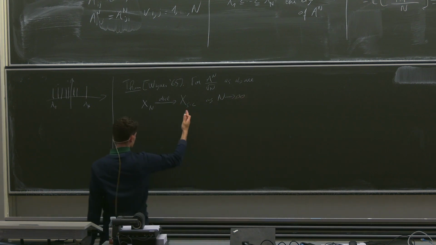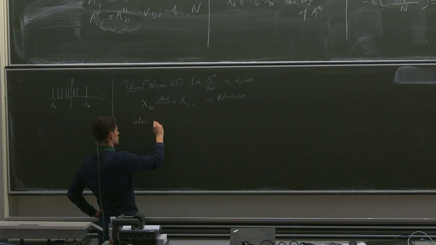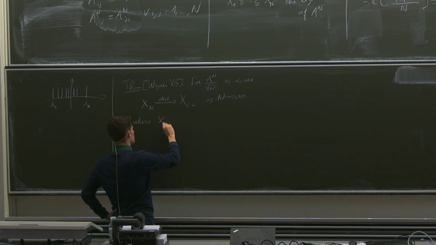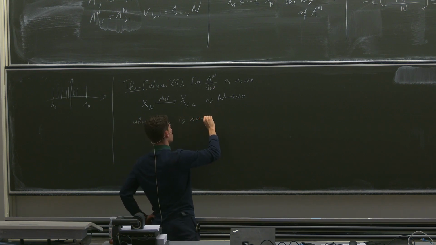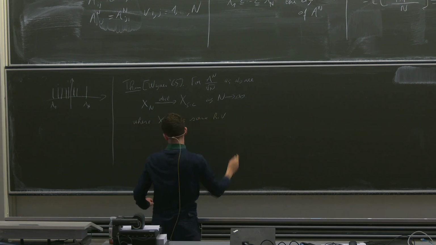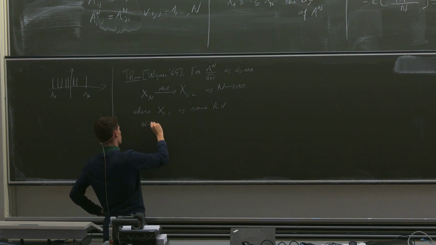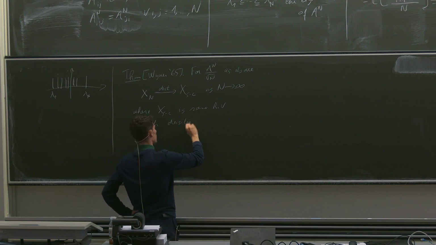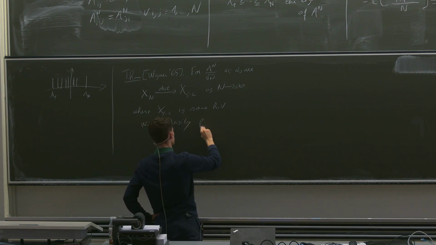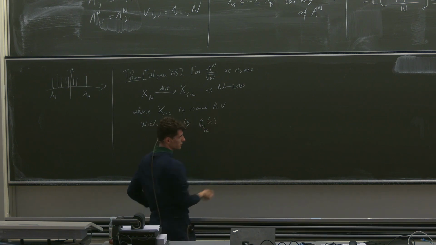And what is this semicircle? X_SC is some random variable with density p_{X_SC}(x), which is just describing the semicircle on the real line.